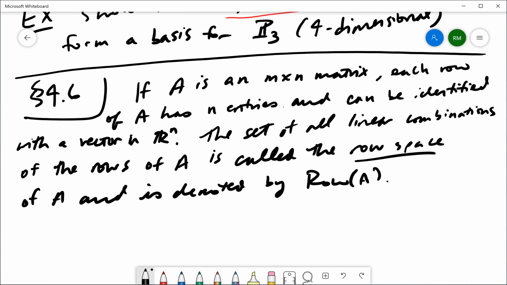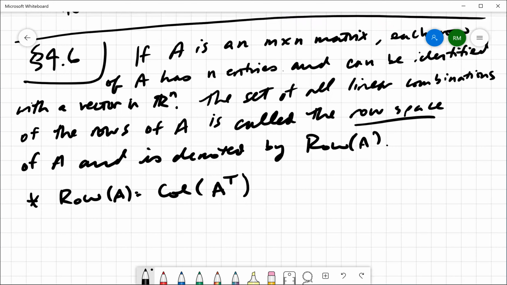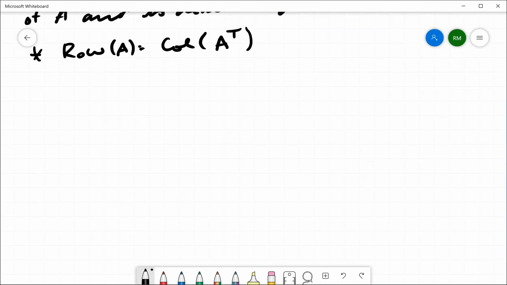We call it Row A. So observe, Row A is the same as the column space of A transpose. All right. So this is a similar concept to ones that we've encountered before, but it's a little bit different, and our row operations will be a little bit different as well, in how we interpret them.